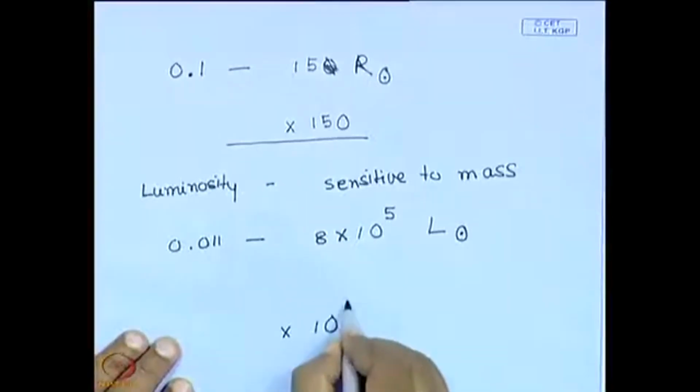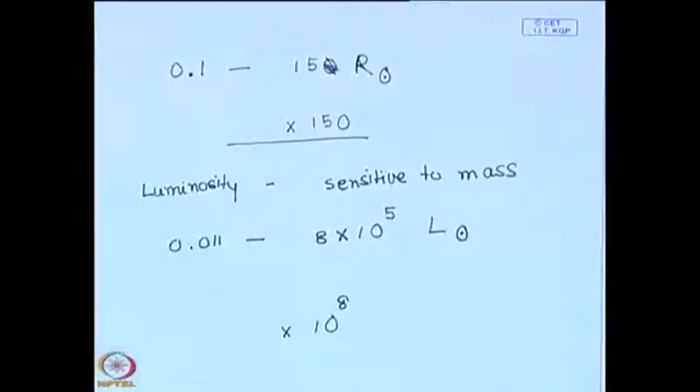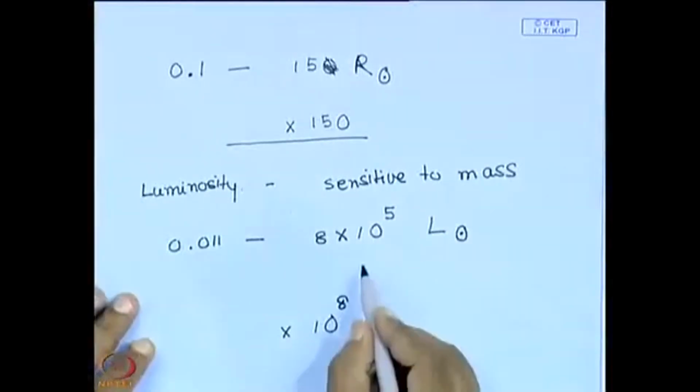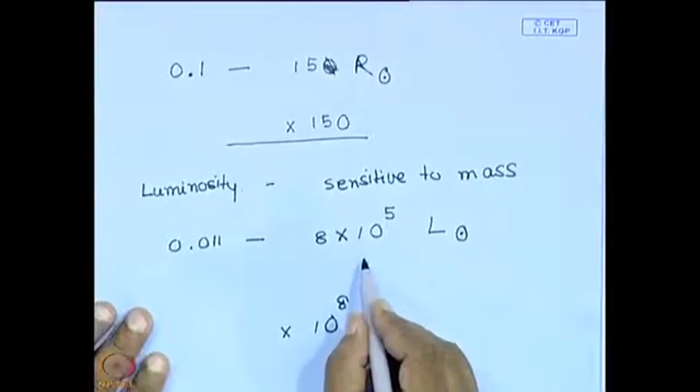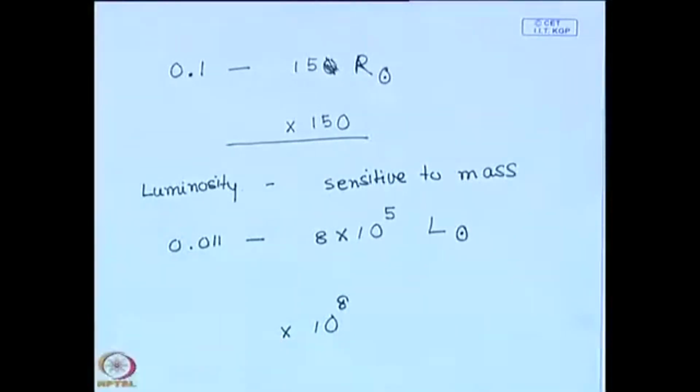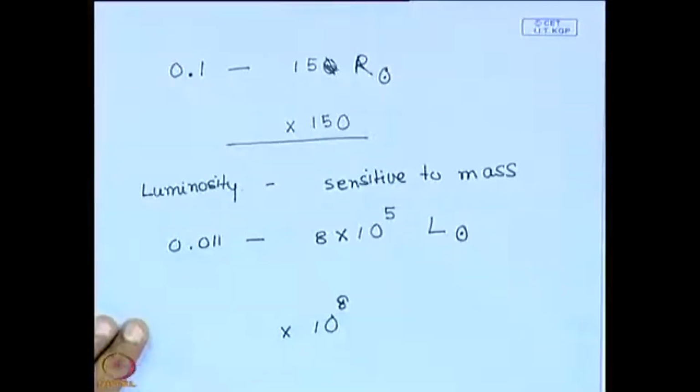Okay. This is a factor of 10 to the power 8 variation in the luminosity. So, the brightest star is 10 to the power 8 times brighter than the faintest star which you can have, provided the stars are burning hydrogen. Okay.